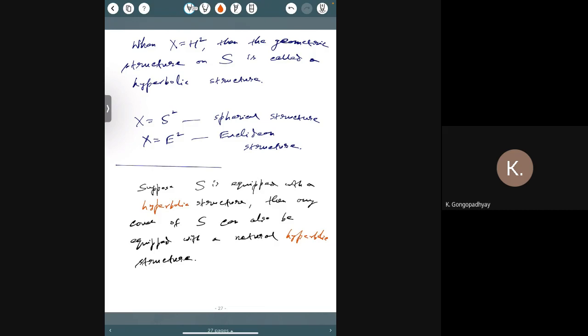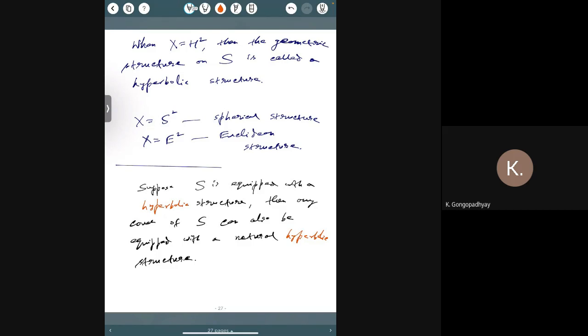In dimension two, if you replace X by one-dimensional complex projective space, which is a sphere, and the group by SL2C, that gives you a projective structure on a surface.